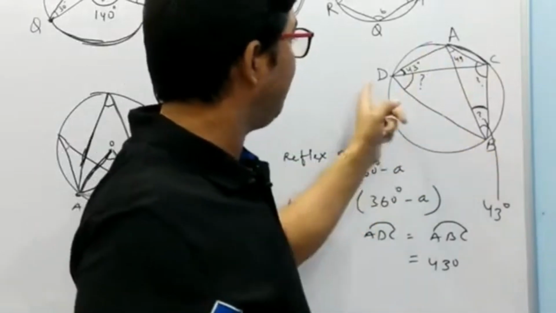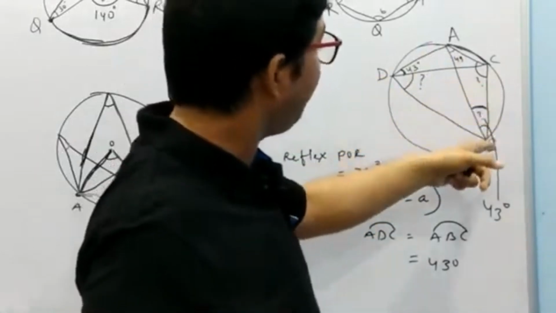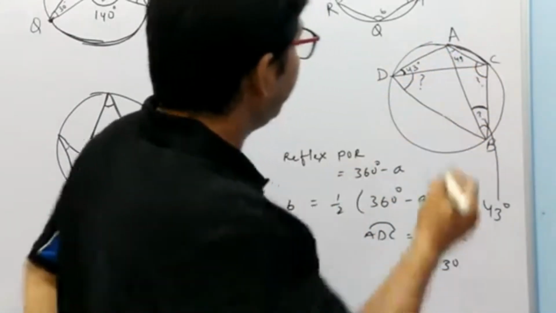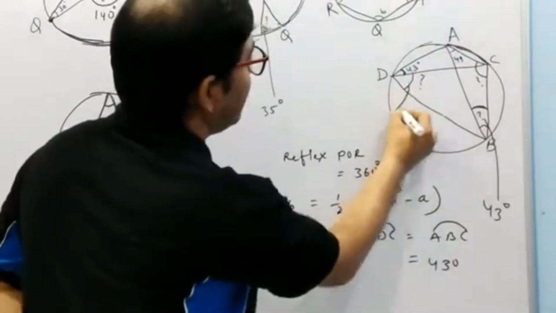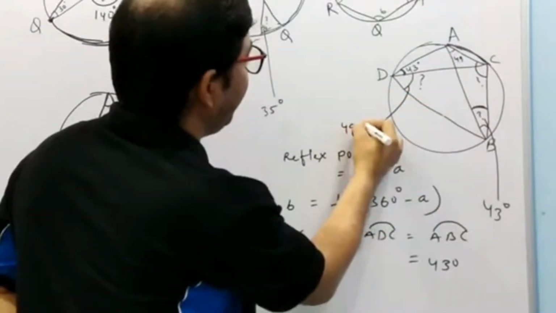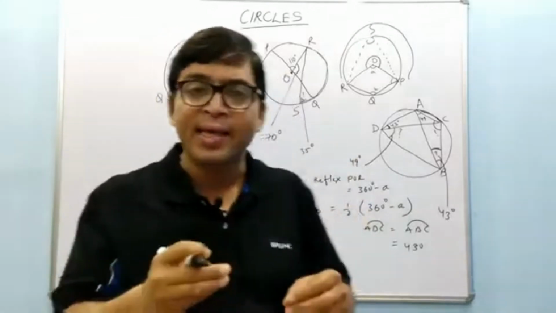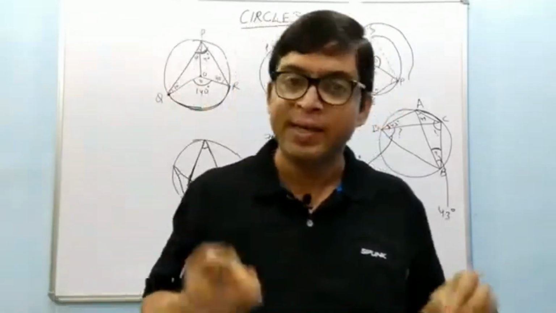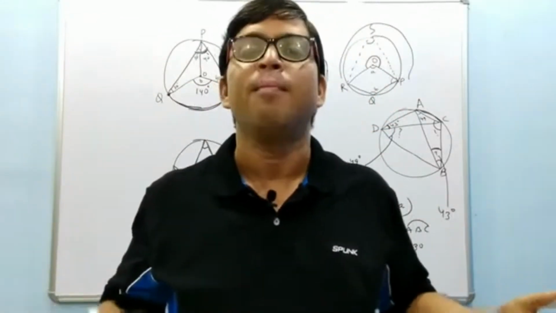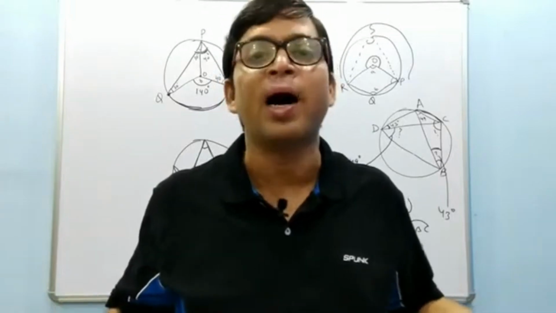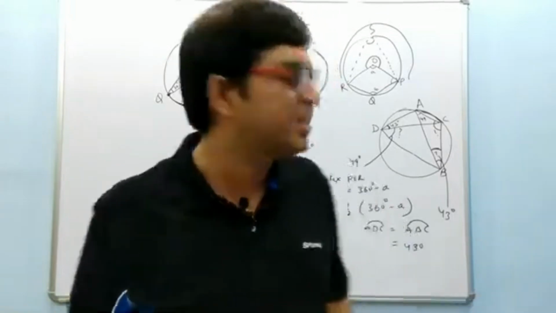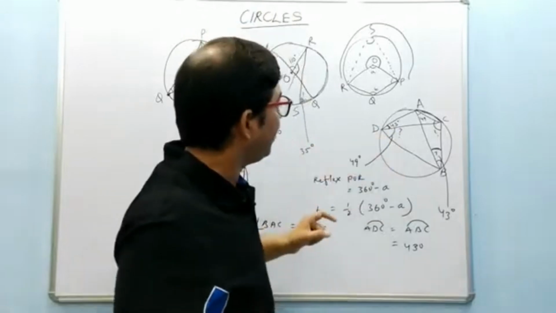If BAC is 49, then BDC is also 49, because angles made in the same segment of the circle by the same arc are equal. Very simple language. So this is 49 degrees.